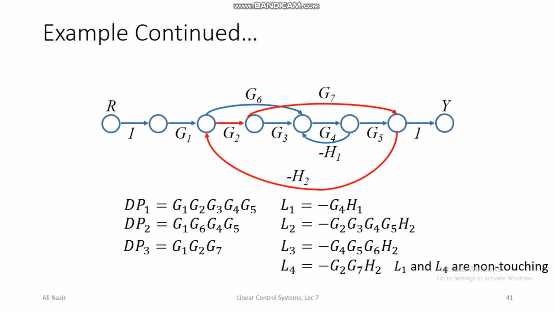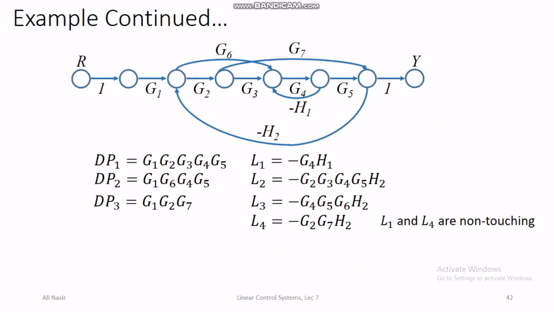So if I had numbered these nodes, the third node from the right, the fourth node from the right and the seventh node from the right are part of L4, whereas nodes 5 and 6 are part of L1. So 5 and 6 are not part of L4, so L4 and L1 have no node in common, so they are non-touching.